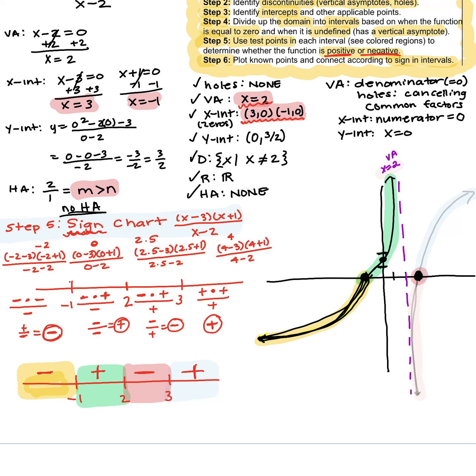And between 2 and 3, it has to be negative. So that means that this one has to go downwards right here, because that's negative, going down. And then anything 3 and greater has to go up. So this one goes up like that. And that right there is what the function looks like.